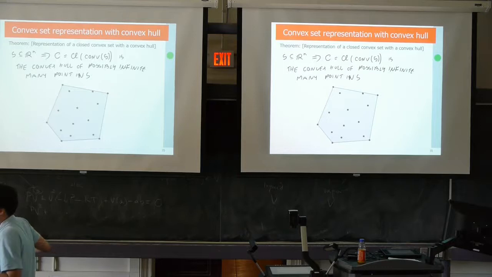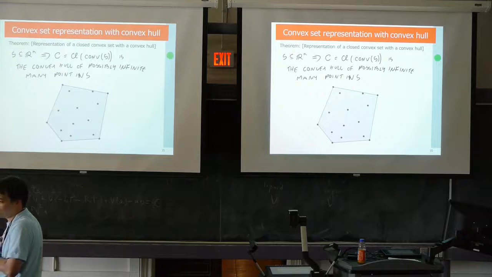It depends a bit on how we define the convex hull, whether the convex hull defines you a closed set or not. It's just a technicality. So all that matters is that a convex set itself could be open, and I need to close it.